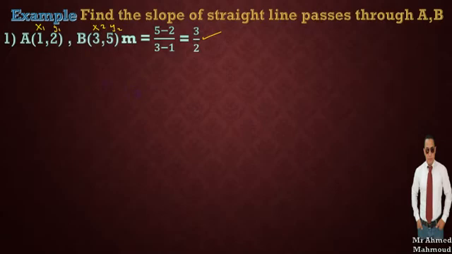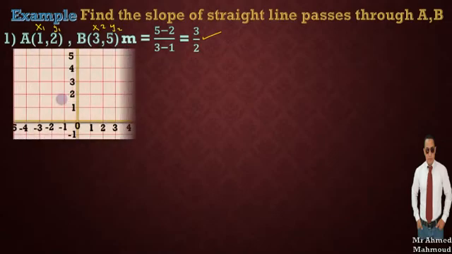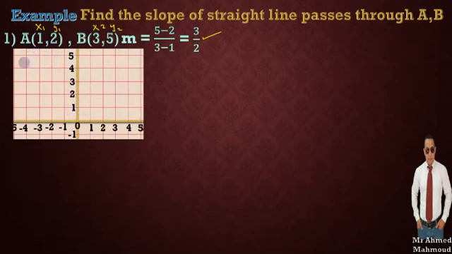Now I'm going to draw the two points because I need to conclude some rules from this figure. It's not required to draw, but I need to draw to conclude some rules. Looking at this graph, A (1, 2) is in this position, and B (3, 5) is as we see here. By connecting them, we have a straight line.